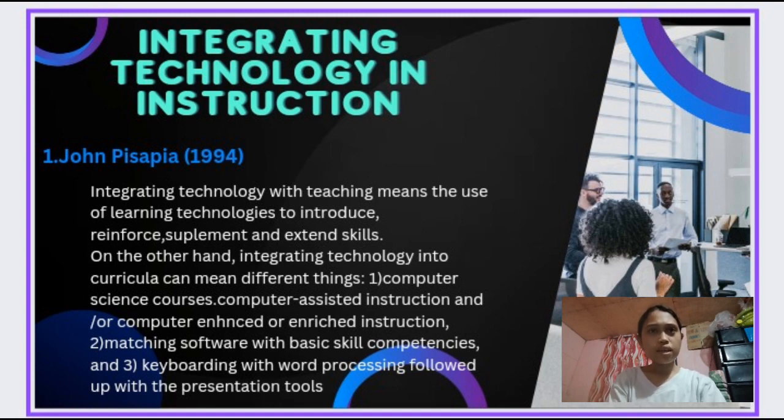By Chan Fisafia, 1994, he said that integrating technology with teaching means the use of learning technologies to introduce, reinforce, supplement, and extend skills. On the other hand, integrating technology into curricula can mean different things: computer science courses, computer-assisted instruction, and computer-enhanced or enriched instruction. Two, matching software with basic skill competencies. And three, keyboarding with word processing followed up with the presentation tools.